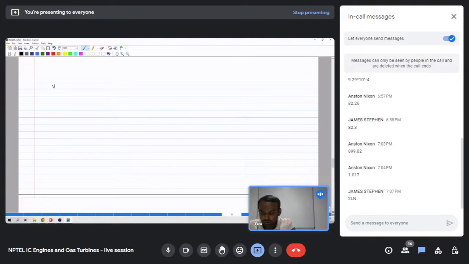So I would write V dot as 44.55 into 10 power minus 3 meter cube per second.